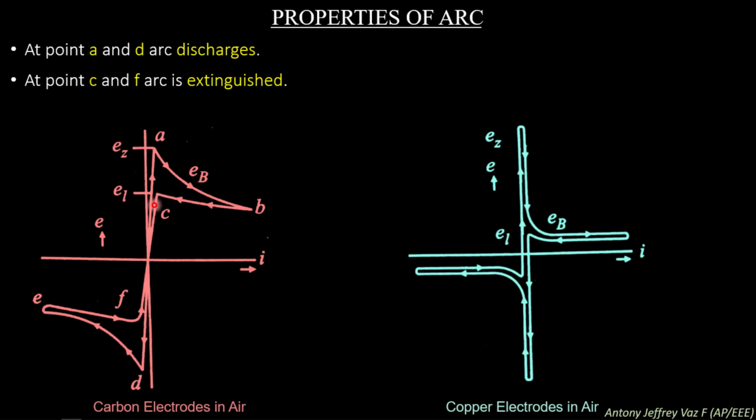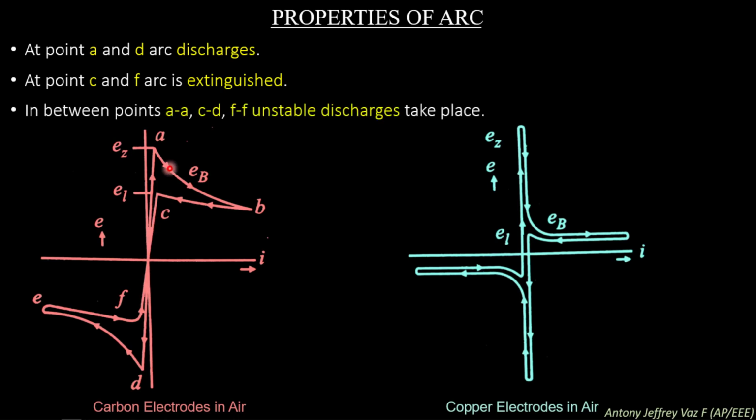During this path, the arc gets extinguished. You can see in between points A dash, CD, FF dash, unstable discharges take place. Here is the part where C and D is here, where from here to here unstable discharge of arc takes place in carbon electrodes.